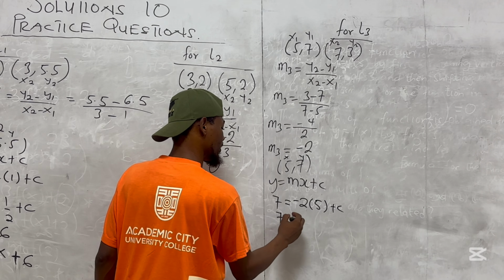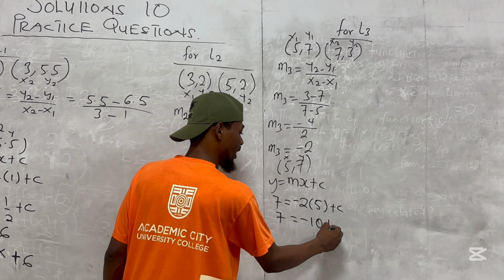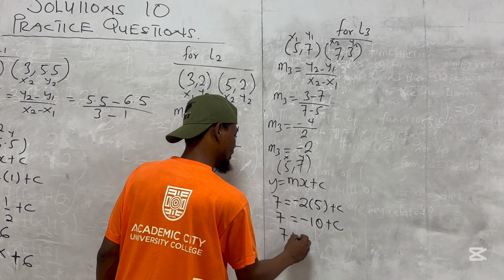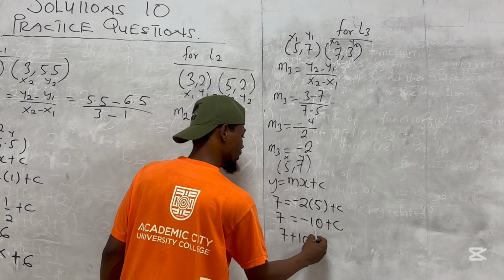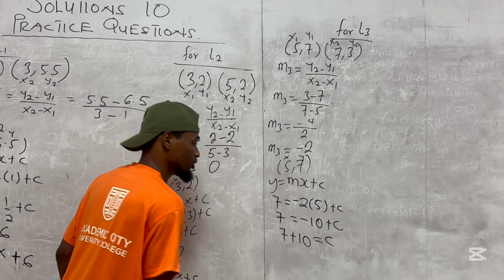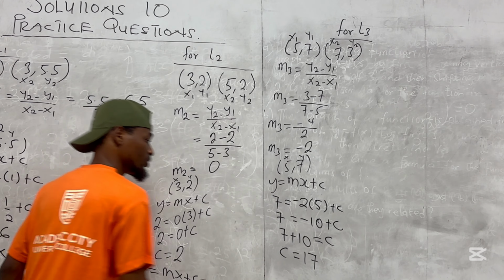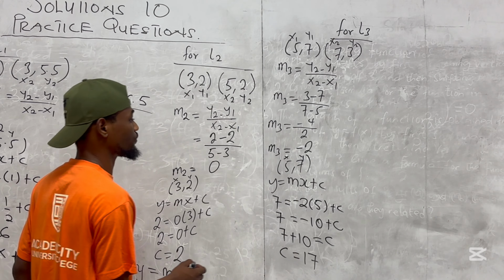So I have 7 is equal to negative 10 plus c. So I have 7 plus 10 is equal to c. So therefore c is equal to 17.